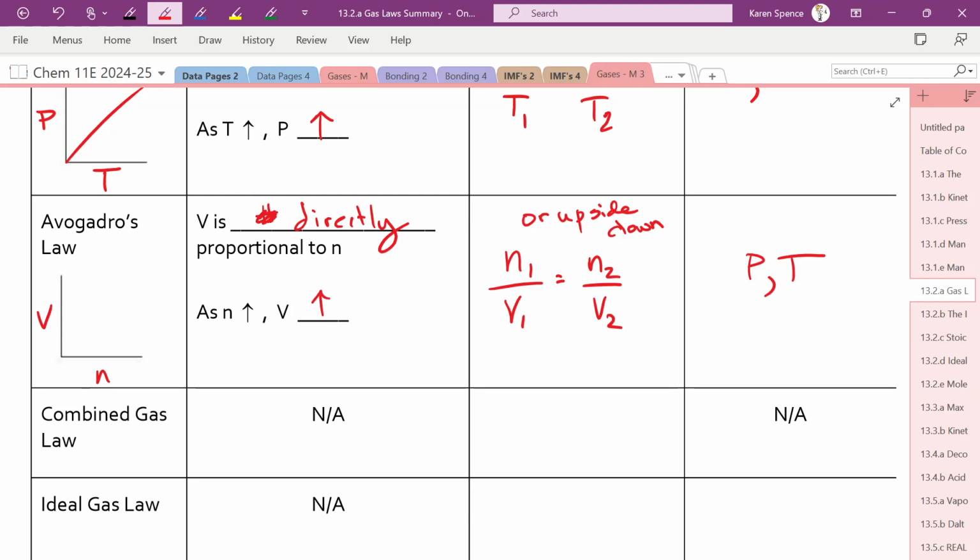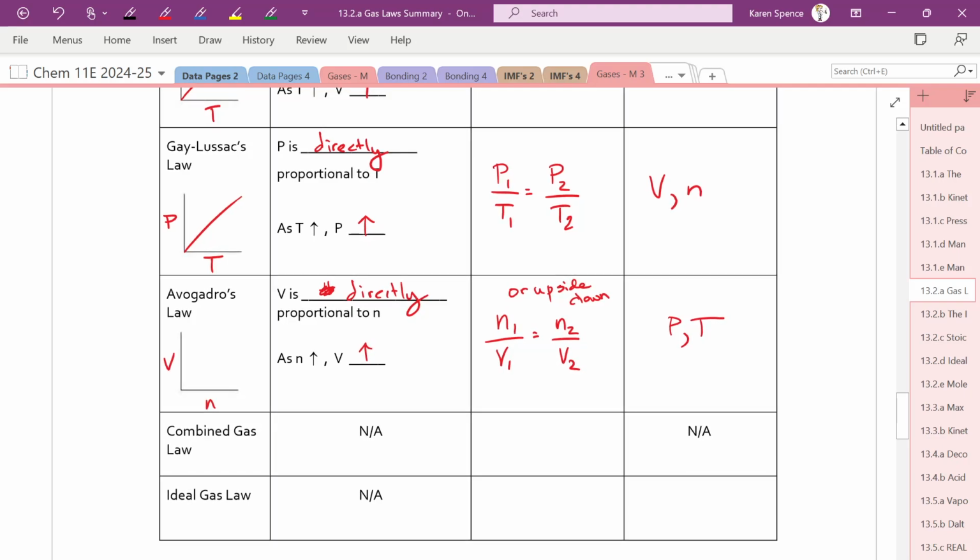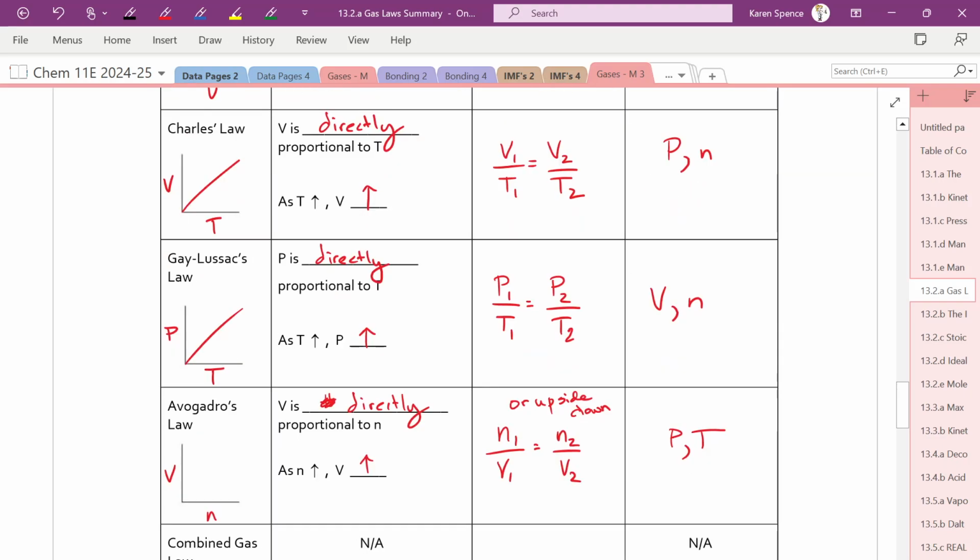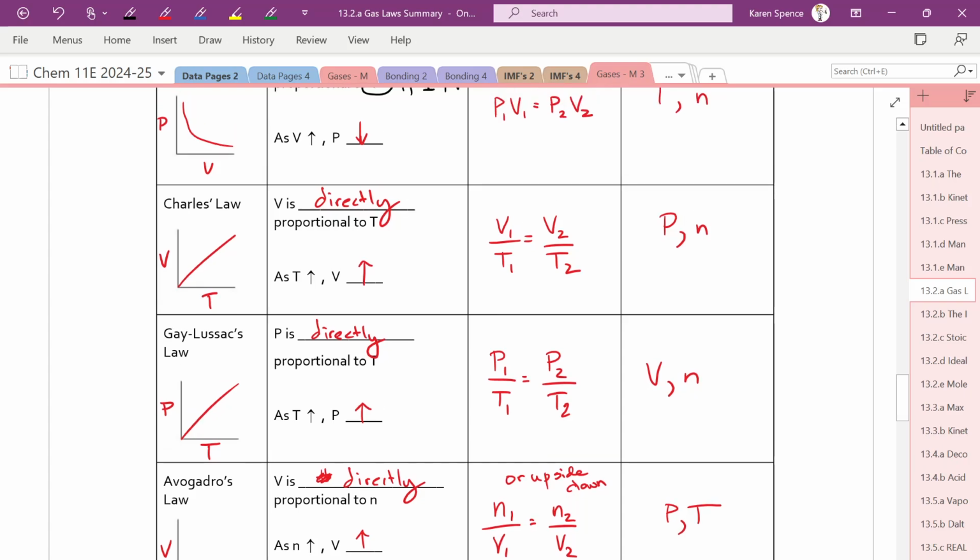PV equals nRT. Okay, now the combined gas law, I have to figure out how this goes again.